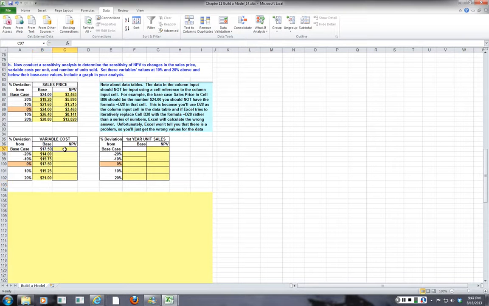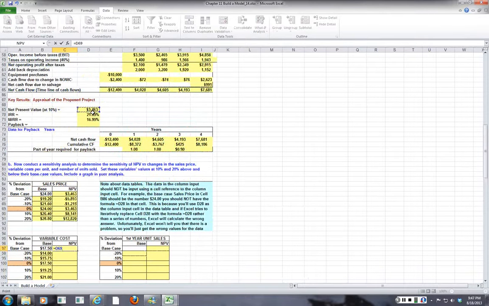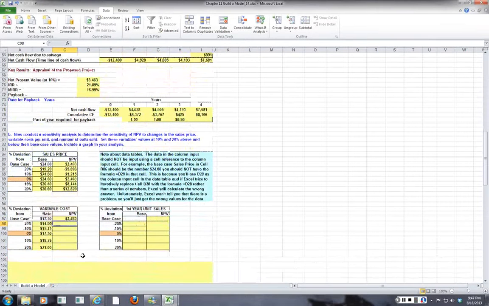So now what we want to do is find out what would be the variation in net present values if the variable costs went down by 10%, went down by 20%, went up by 10%, and went up by 20%.